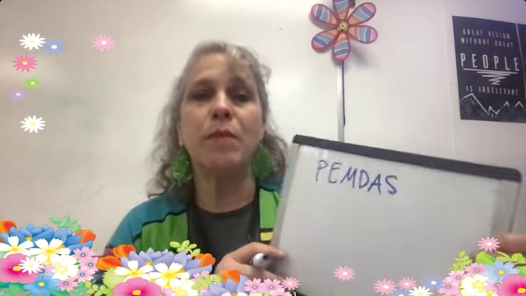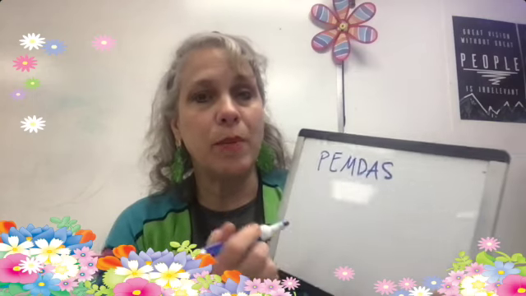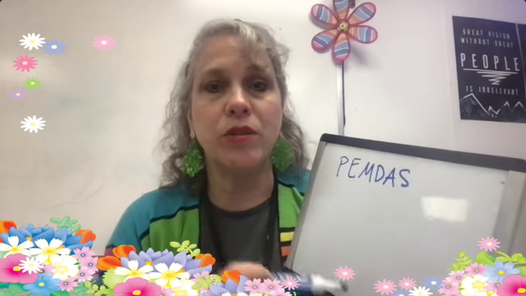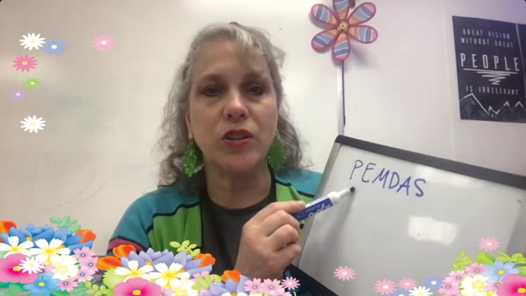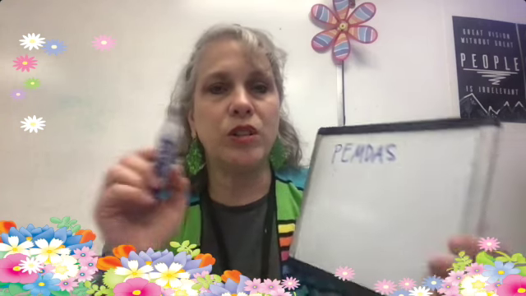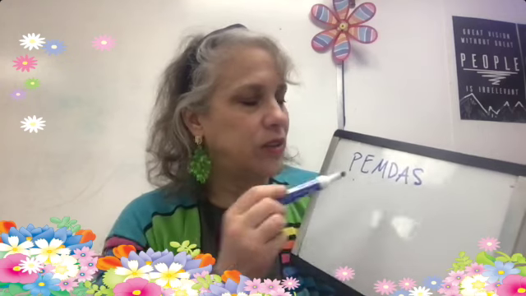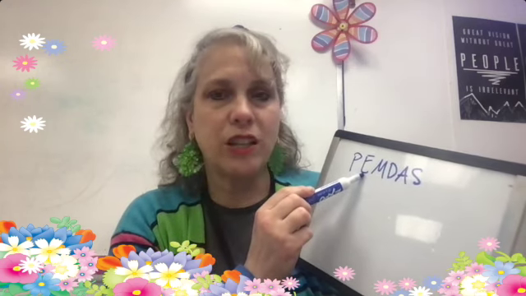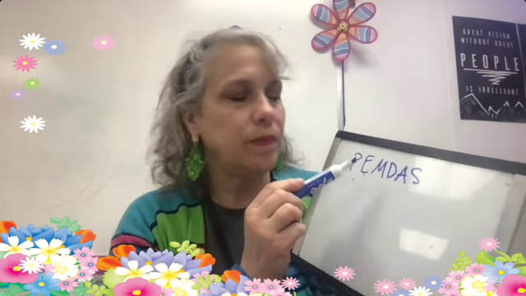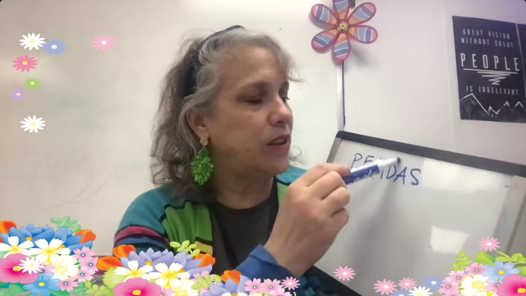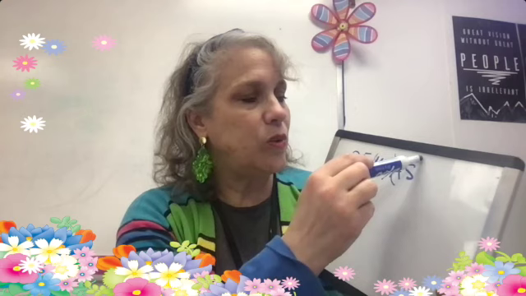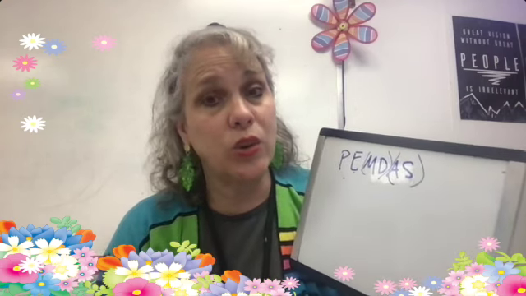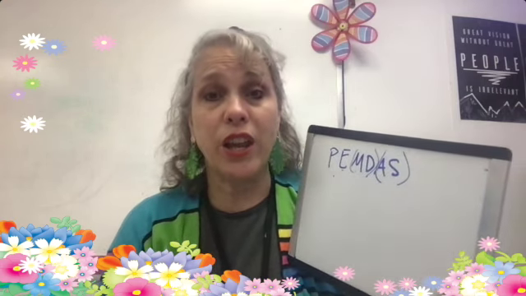And also remember PEMDAS. If you put in the numbers for the letters, always look for the parentheses first. And make sure you go in to whatever's in parentheses. Then you go to the exponents, and then you multiply and divide in order left to right. Then you will add and subtract in order from left to right.